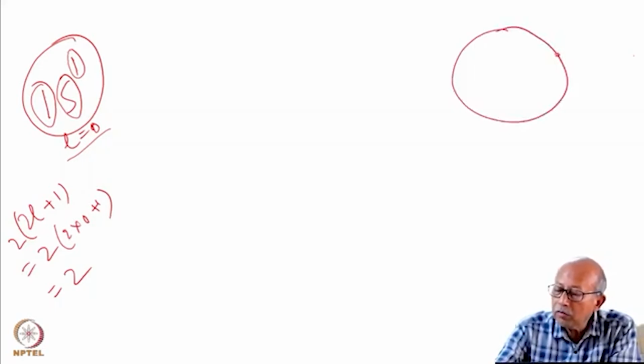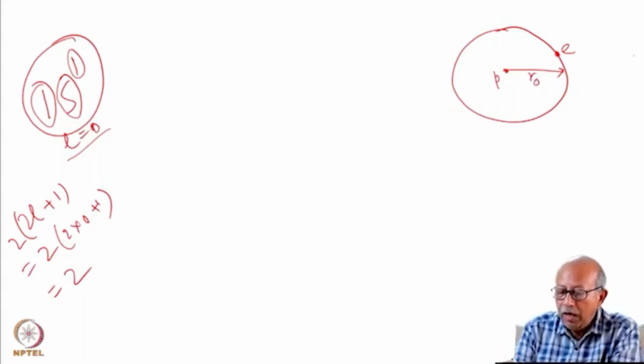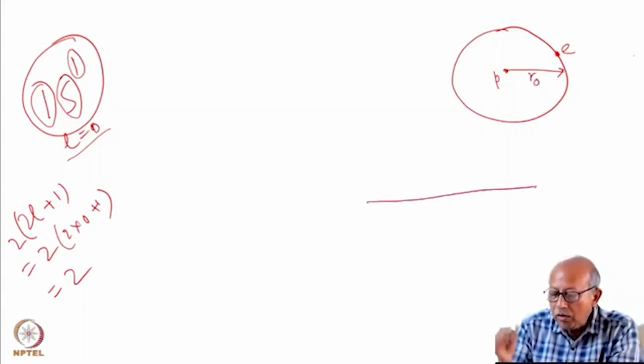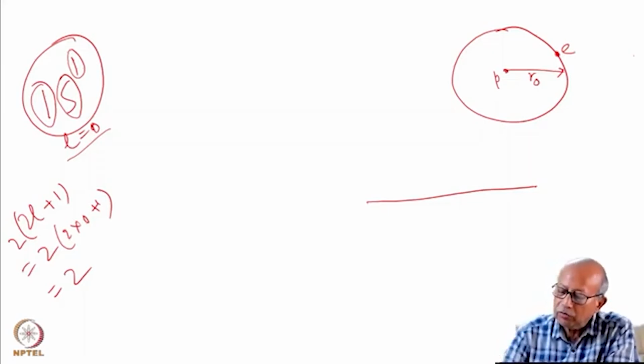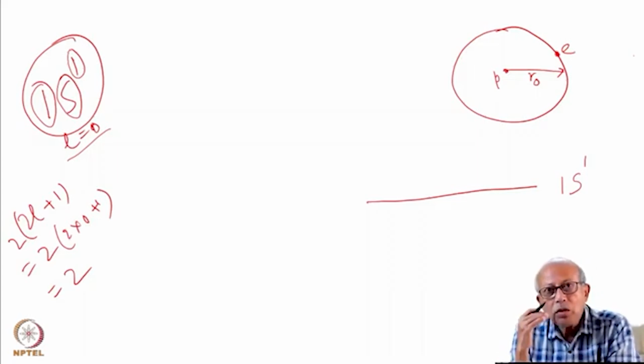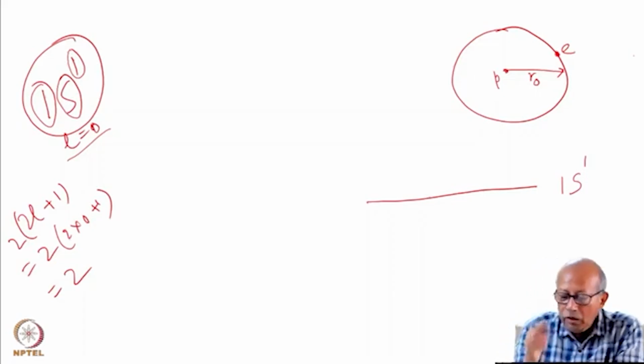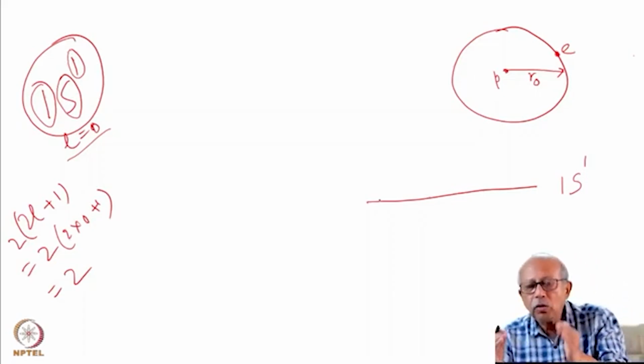So this is the electron, this is the nucleus, and this is the radius of the orbit, which we call r0. And suppose this is the ground energy state of the electron, denoted as 1s1, the ground electronic state of the hydrogen atom. Now this is for the isolated atom.